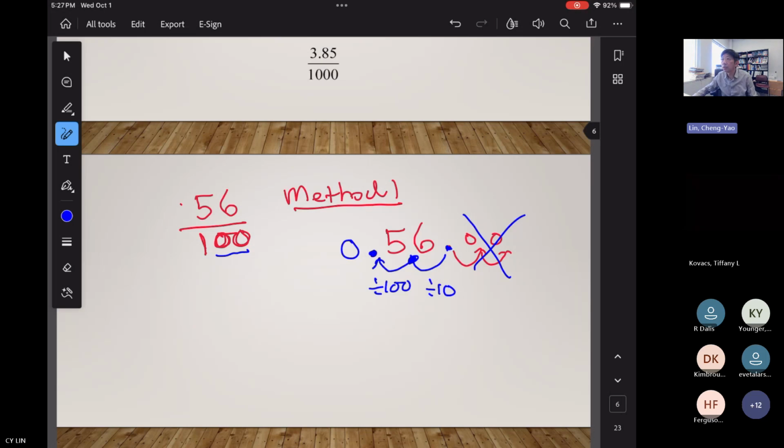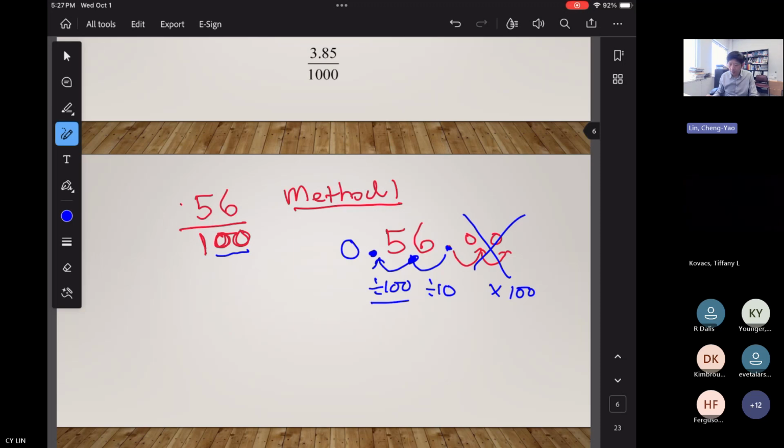Okay, more people join. That's great. Thank you. All right. So does it make sense to you why we have to move the decimal point by 2? Because we divided by 100 there. If we move to the right, then we times 100 and make it bigger. Yeah. So that's method one.